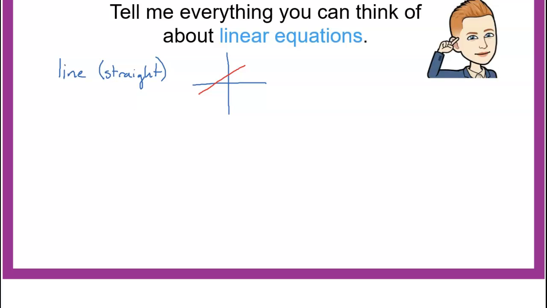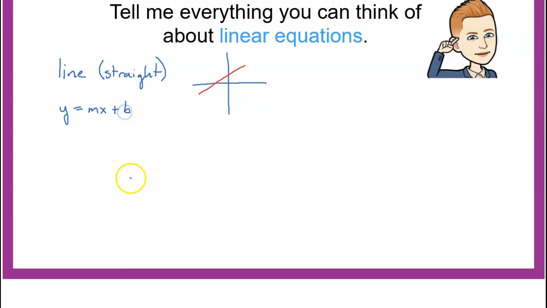What about an equation? Do we have an equation form of a linear line? What does the equation of this graph look like? So it looked like y equals mx plus b.